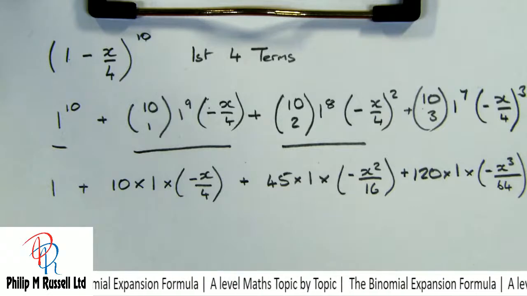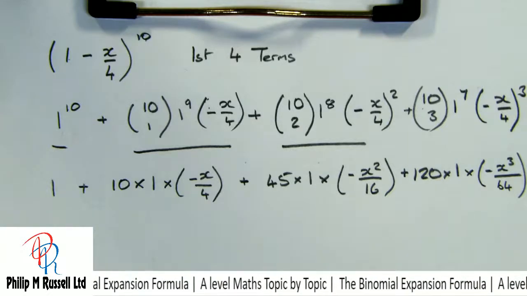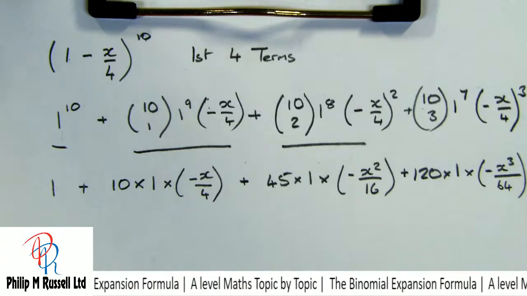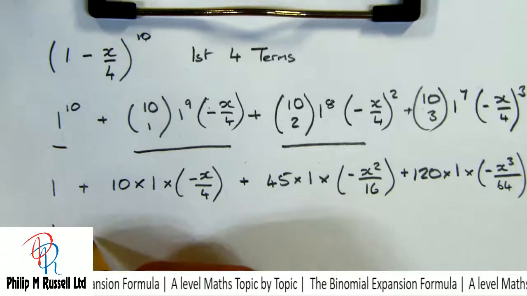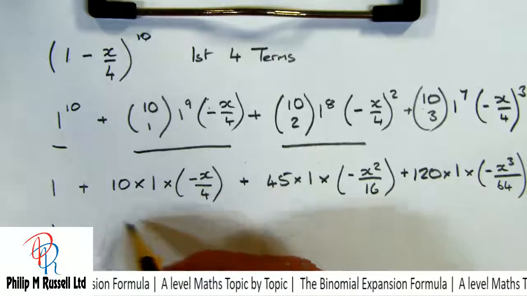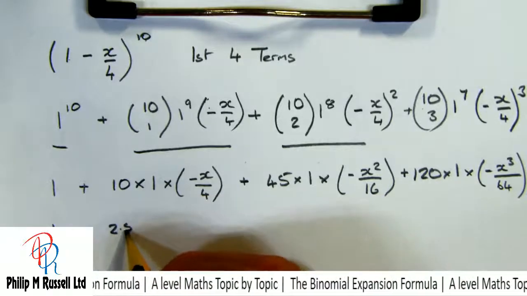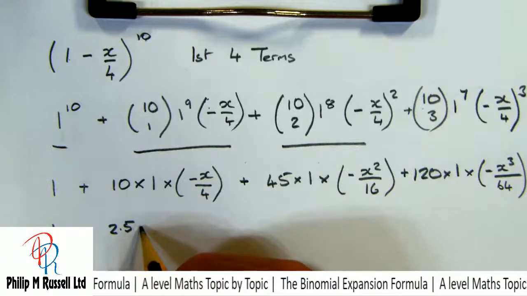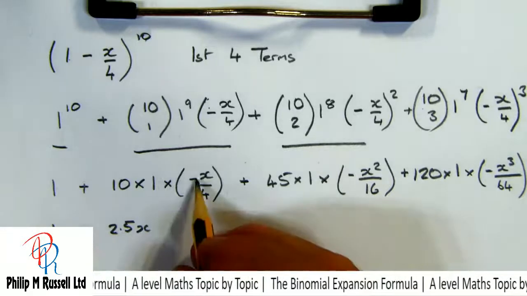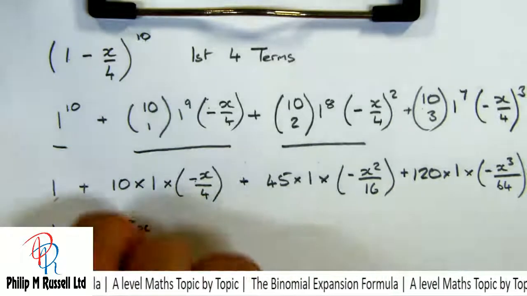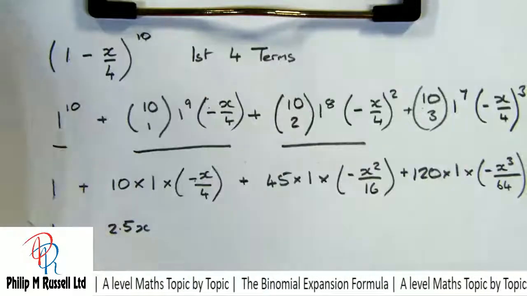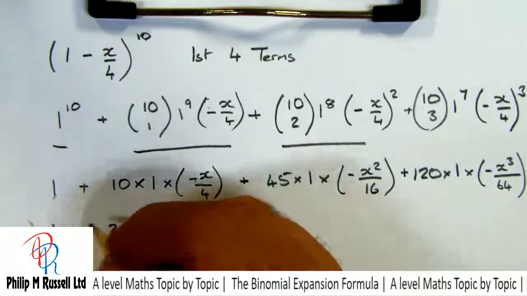So now we can get to the stage of trying to multiply this out. This is going to give me 1 plus 10 divided by 4 is going to give me 2.5 x, but it's now going to be multiplied by that, so this, instead of being a plus, is going to be a minus.